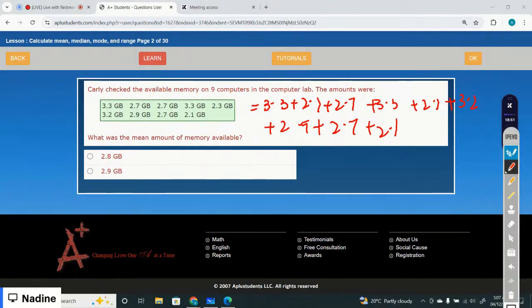So their sum is 25.2, right? The sum of all the values is 25.2.